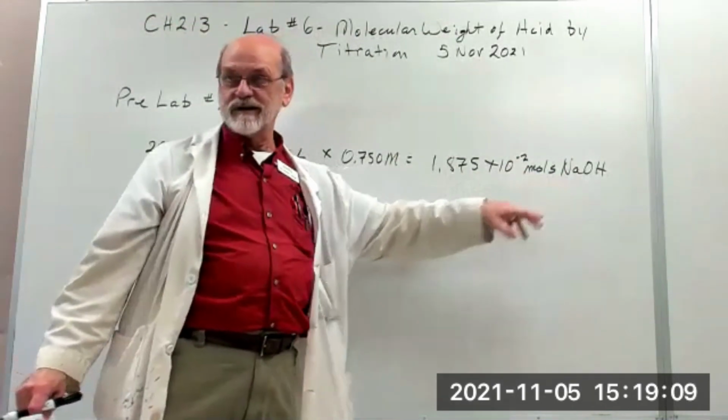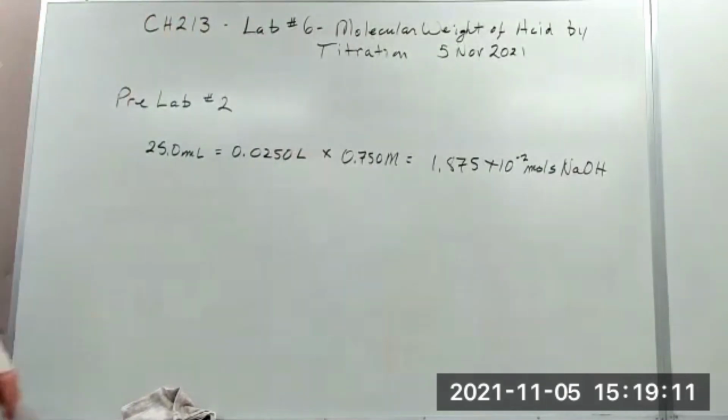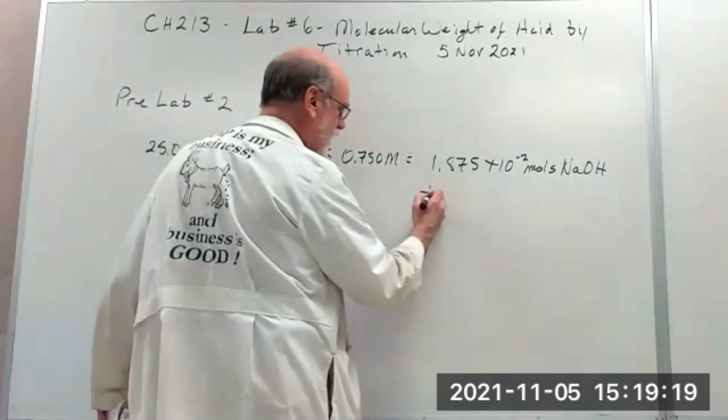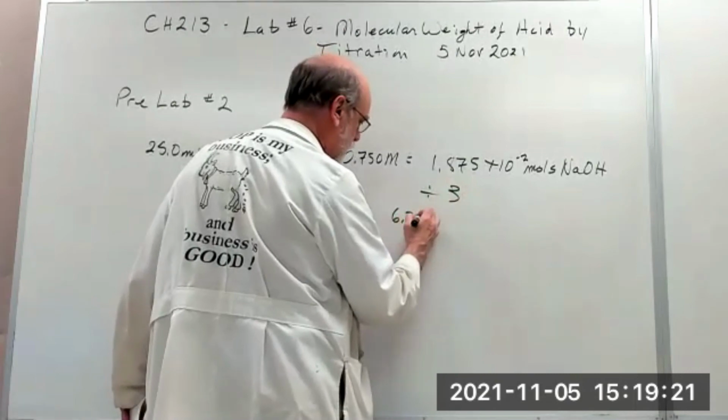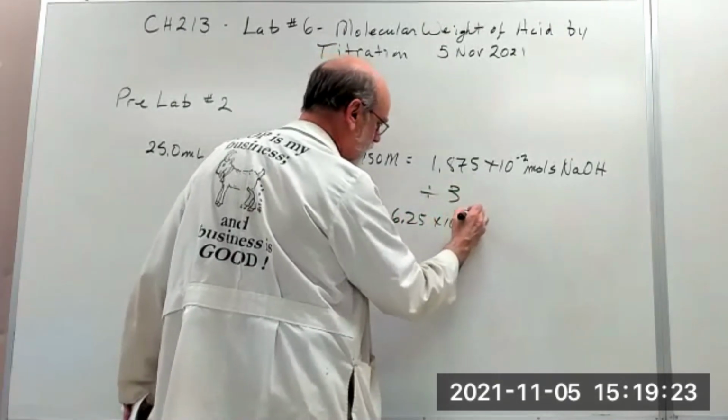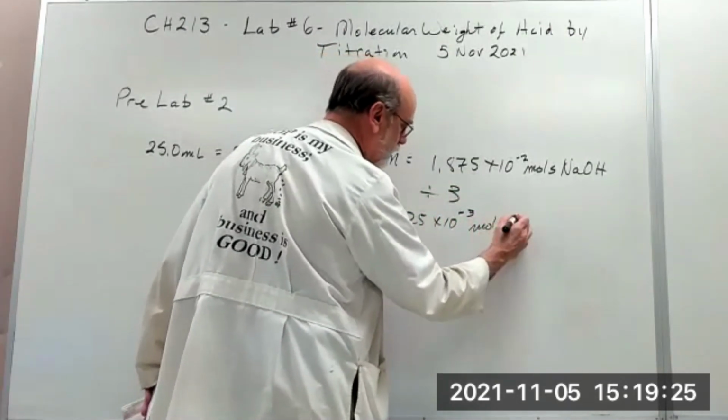So we divide this by 3, giving 6.25 times 10 to the minus 3. And that's the moles of citric acid.